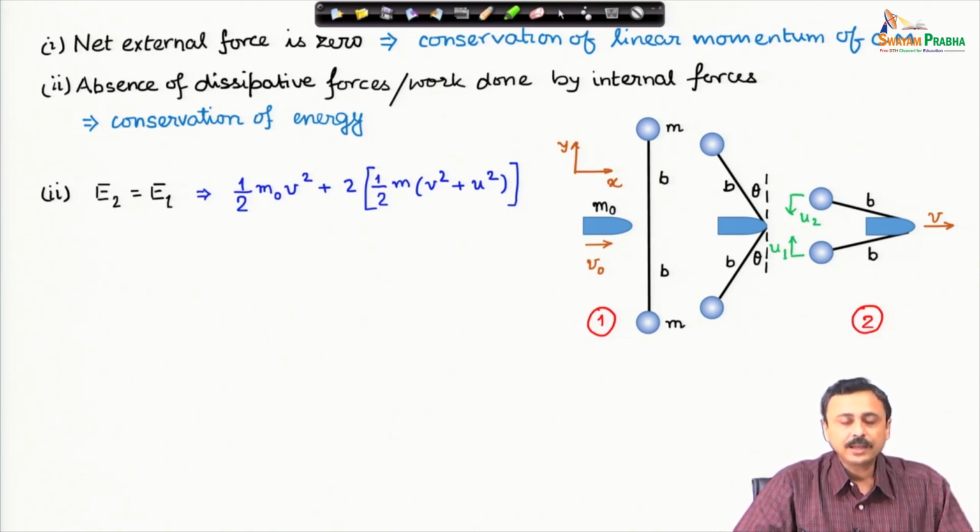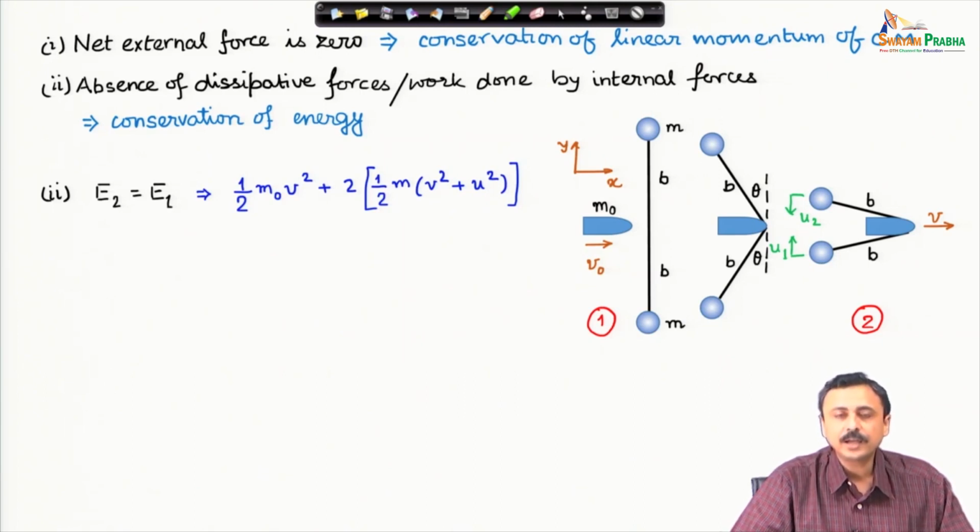Therefore, the total kinetic energy in state 2 is half m naught v squared, because m naught is moving with velocity v, plus 2 times the kinetic energy of these individual spheres or individual particles, and that turns out to be half m times v squared plus u squared. Always remember, this is calculated in state 2, which is when theta is equal to 90 degrees.